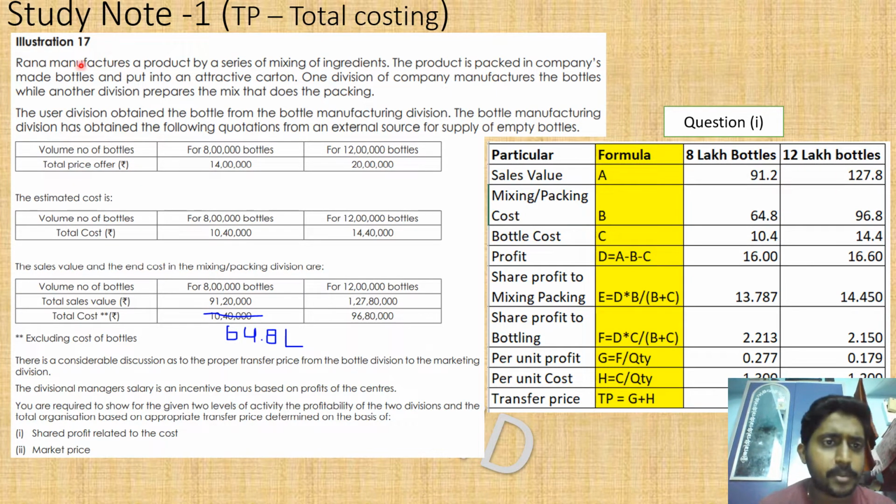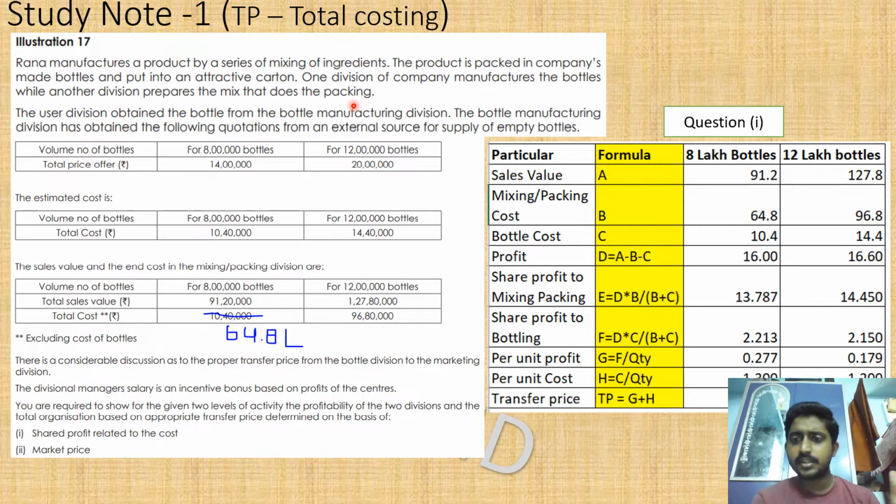Okay, so let me read out the problem. Rana manufactures a product by a series of mixing of ingredients. The product is packed in company-made bottles and put into an attractive carton. One division manufactures the bottle, while another division prepares the mix and does the packing.